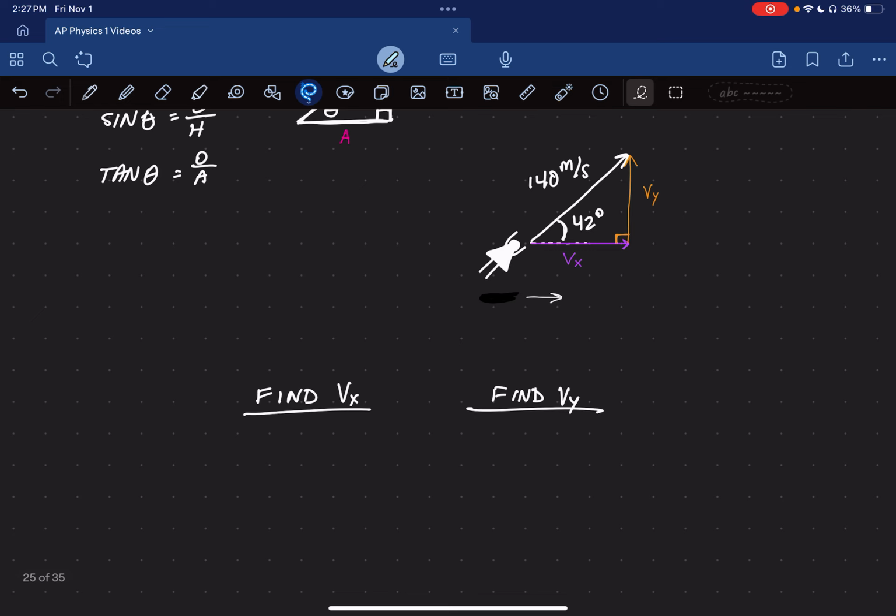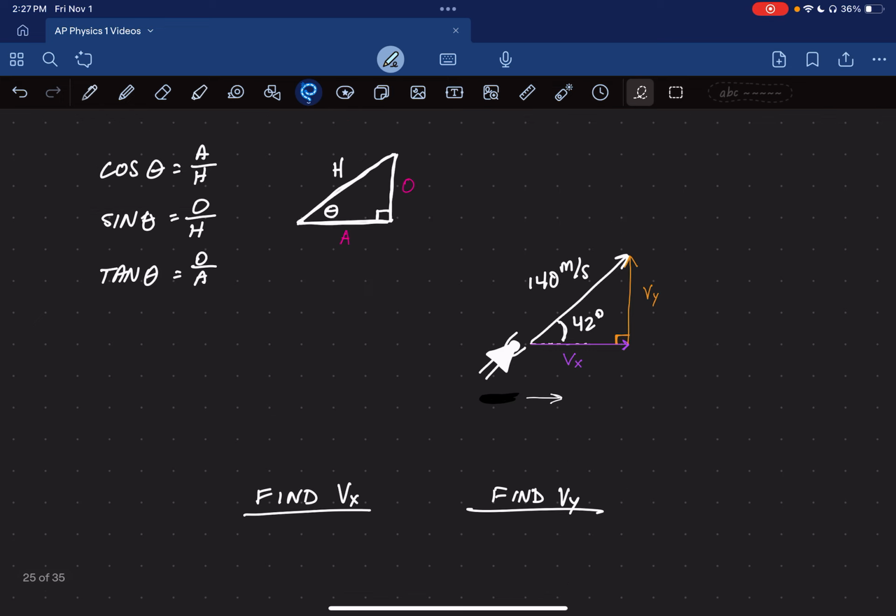And so for Vx, notice that this is the adjacent side. So what we want is a trig function that has adjacent in it. And here is adjacent, and here is adjacent. For Vy, we want the opposite side of the triangle, and so it's here, and it's also here.